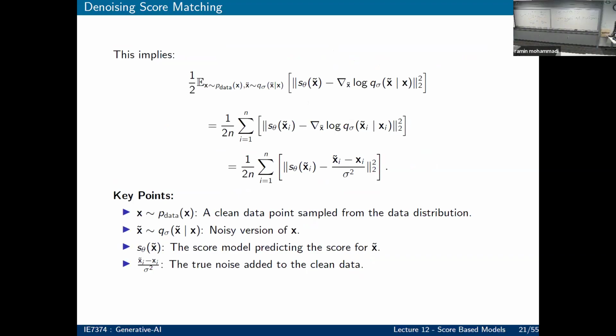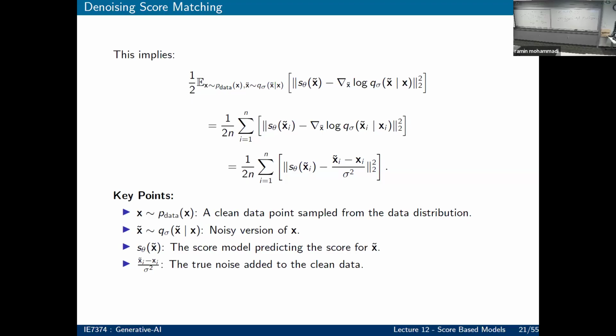What do you think the second term is telling you? Standardization, kind of. How far the noise is from the real data? X tilde is noisy, X is data. This tells you how much noise you found divided by the standard deviation, right? So the term on the right tells you how much noise exists.